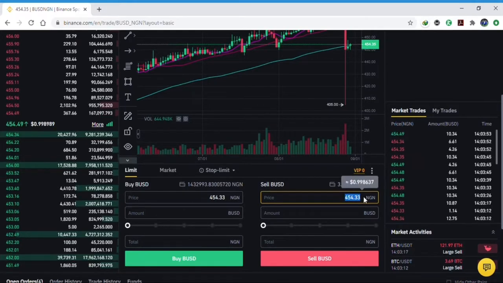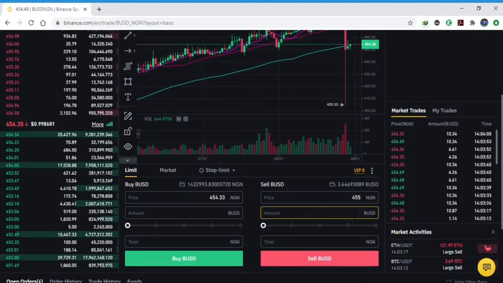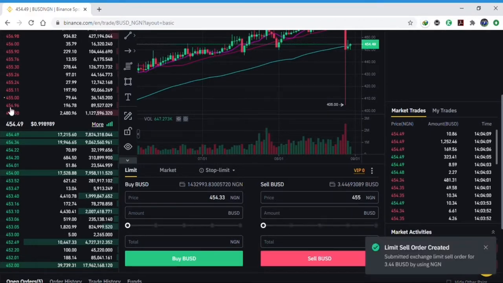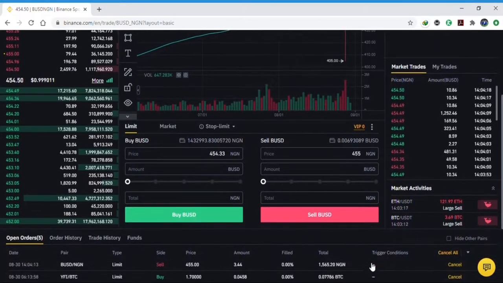I have a couple of BUSD I made from trading, and I want to sell it at 455. I put my available BUSD here. You can see here 3, or I can just use the 50%, 100% as we did earlier, and hit the sell. Yeah, that's my order. If it executes, I'll have more Naira. But I don't really want to do that.